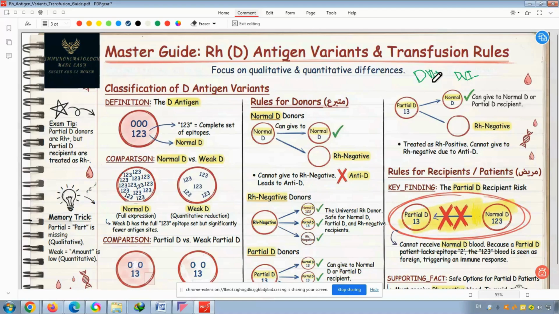If a patient is receiving blood, or a female case, we said she'll receive the anti-D injection or not. We want the reagent, if the patient is of this type, not to react with it, not to detect this type for us and give us a negative or even a weak result. So that then we can dispense negative to the patient, and if it's a female case, she takes the anti-D injection.